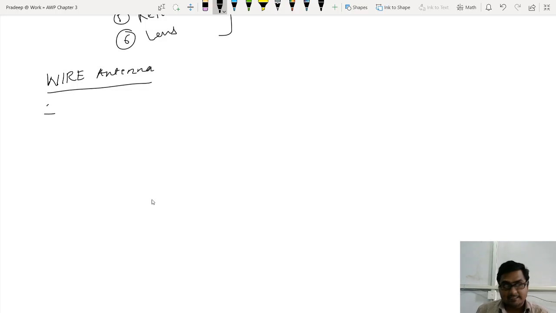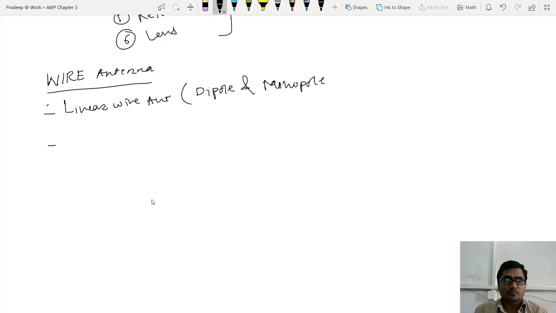The first part is linear wire antennas. What do you mean by linear? Linear means the general cases, that is dipole and monopole. Now, why are they called linear? I will tell you why it is particularly called linear wire antennas. Second is loop antennas.